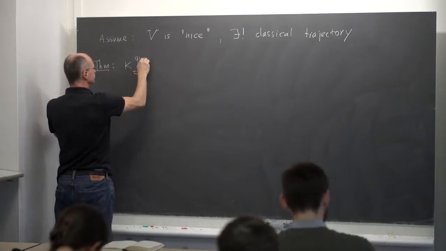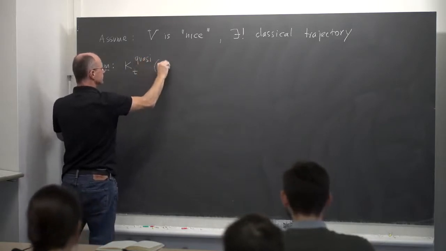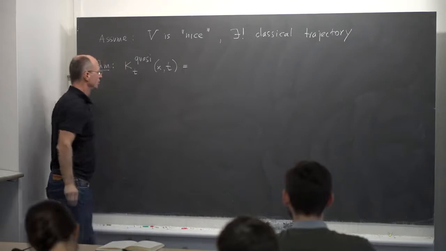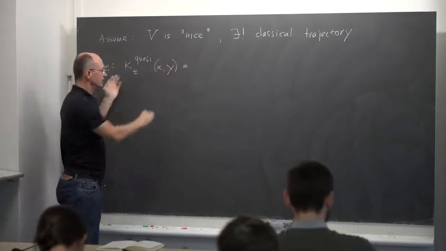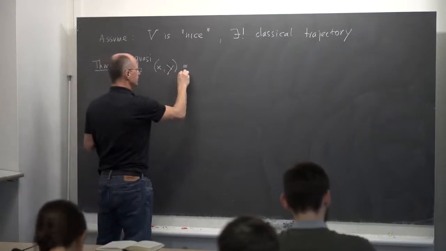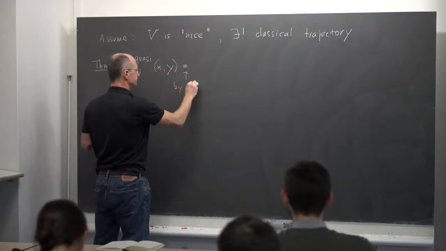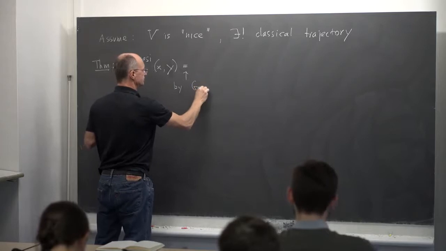So, theorem. This K_t quasi of x, y is defined as a Feynman path integral, right? By Gaussian integration.